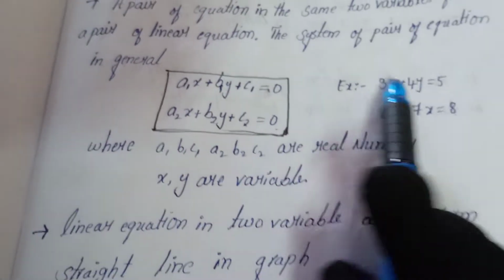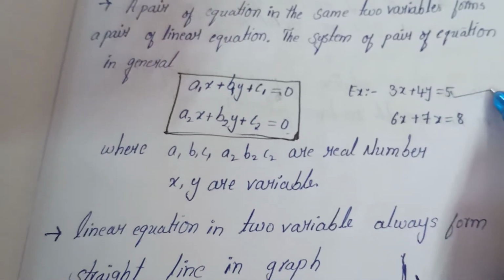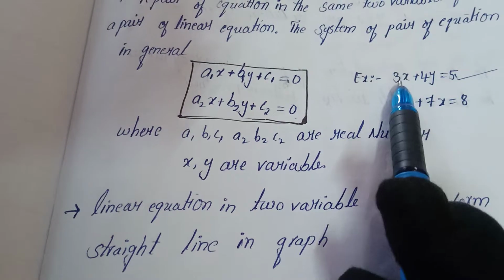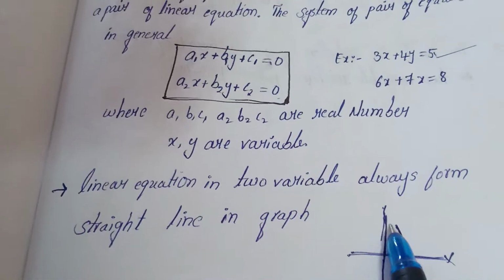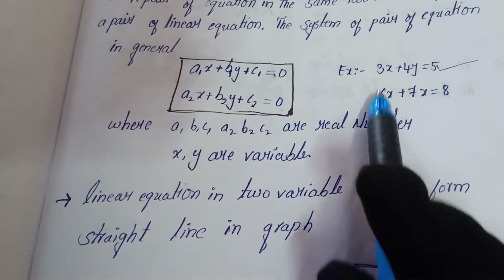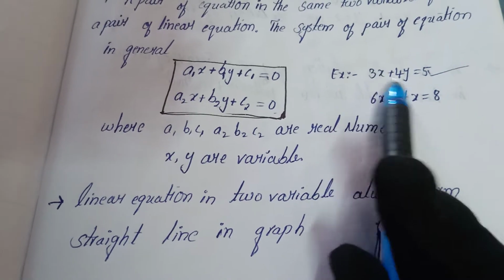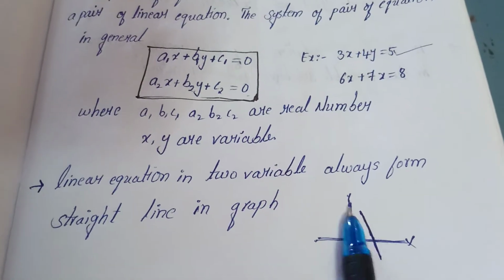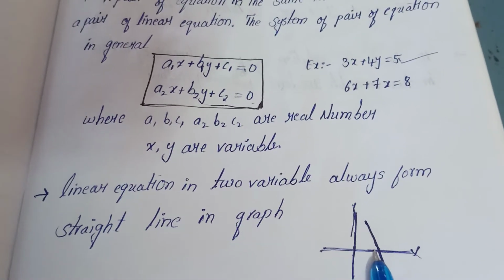Let's see the example: in place of x we substitute some values and get the y value. With these values we locate the points on the graph, and afterwards we can see whether the line is straight or not.